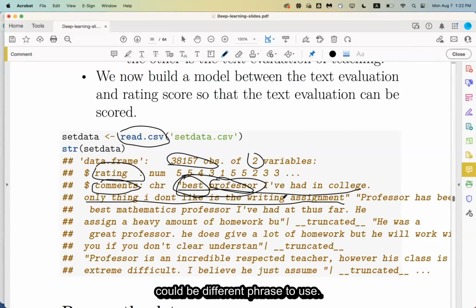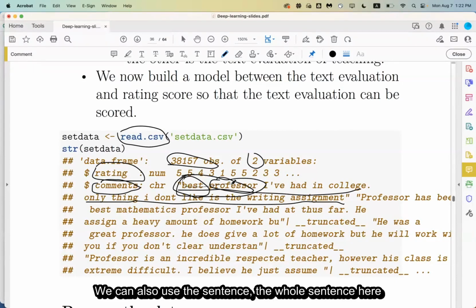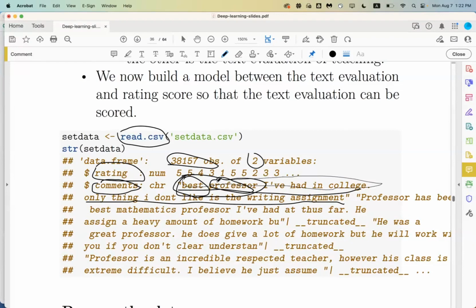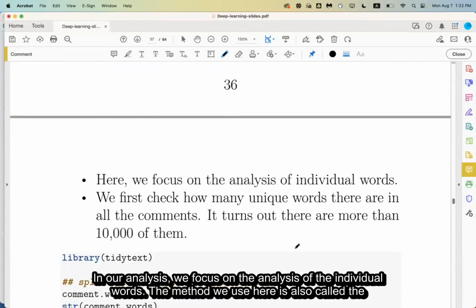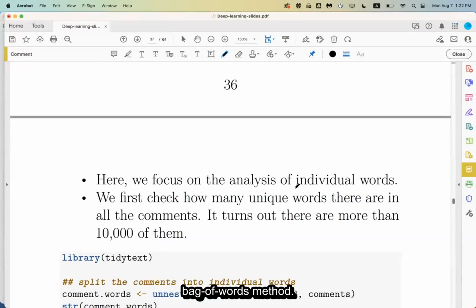We can also use a whole sentence as a unit of analysis. In our data analysis, we focus on individual words. The method we use here is also called the bag of words method.